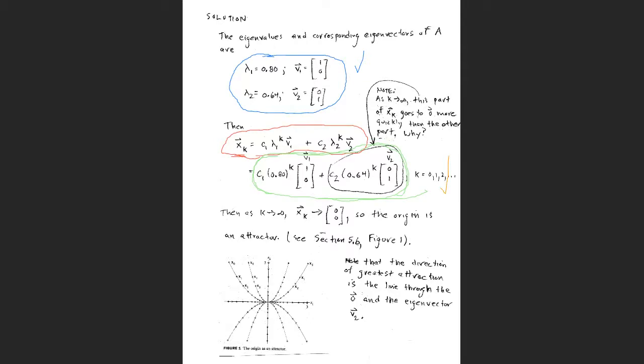Okay, here we are. We now know how to find the kth vector x sub k of this dynamical system. And I have a note here that as k goes to infinity, the second part of the x sub k vector goes to the zero vector more quickly than the other part.